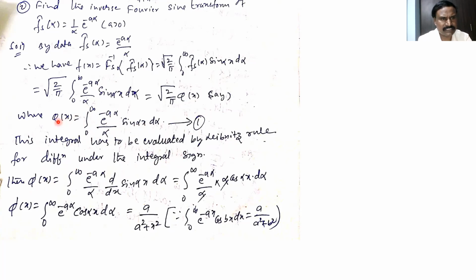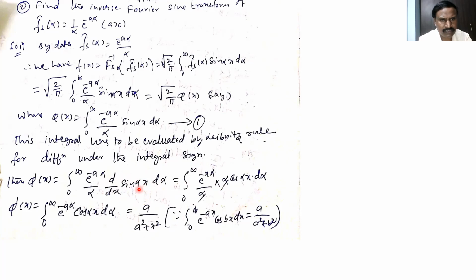Then phi dash of x is equal to, phi of x is this thing, differentiate partially both sides. Then left hand side is phi dash of x, right hand side integral 0 to infinity e to the power of minus a alpha by alpha, then d by dx of sin alpha x, with respect to x.